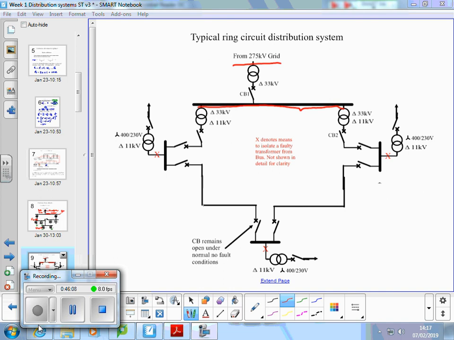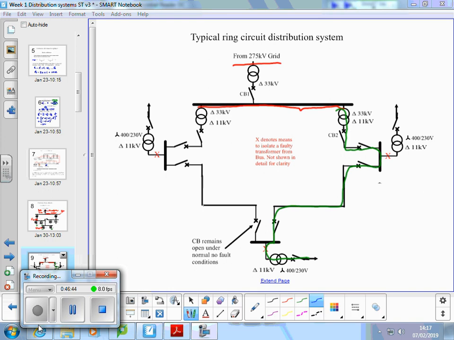So in this case we're going from 33 down to 11 kV there and there, unless this one remains open under normal conditions. So this 11 kV loop here feeds closed through there, and feeds that customer via that transformer.